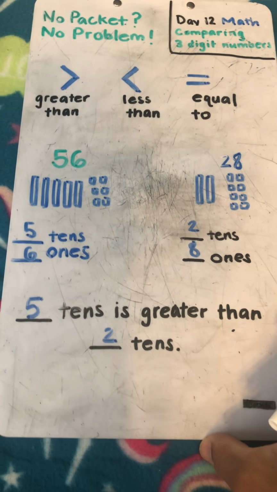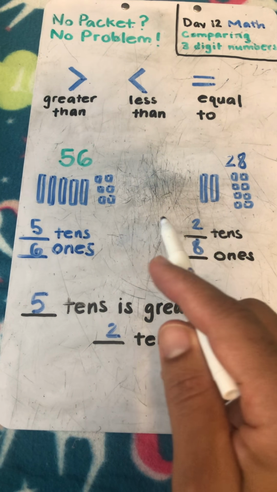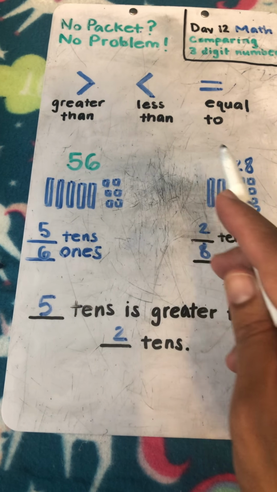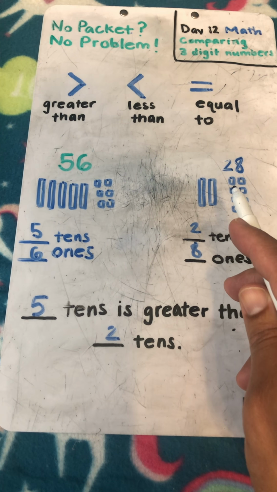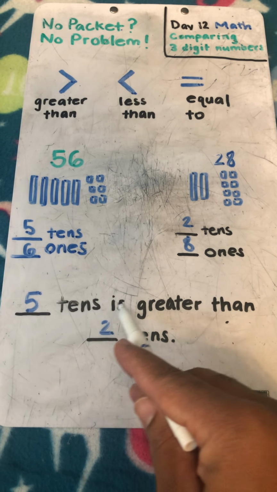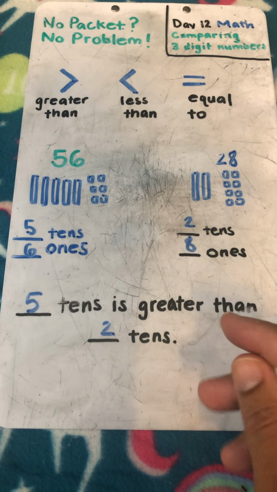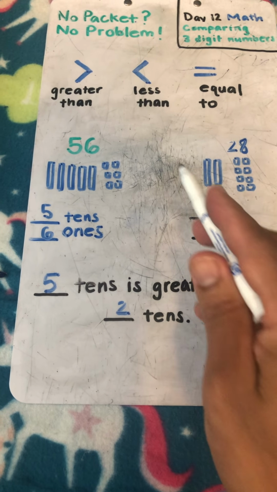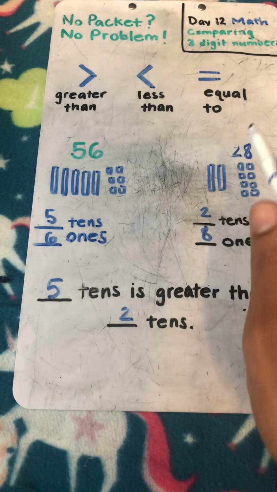Since I know this information, that lets me know that this value 56 is greater than this value 28. I know that because 5 tens is greater than 2 tens. So now I'm going to write a number sentence using one of my symbols.